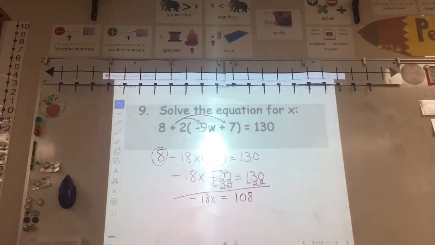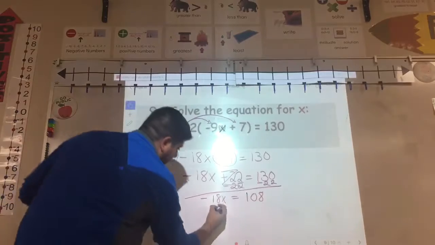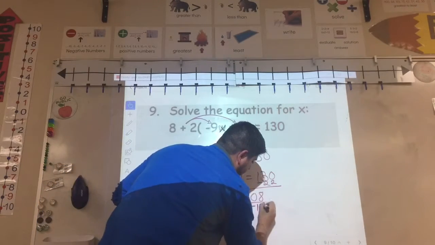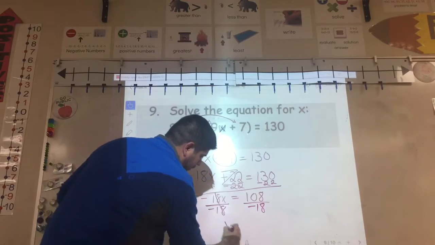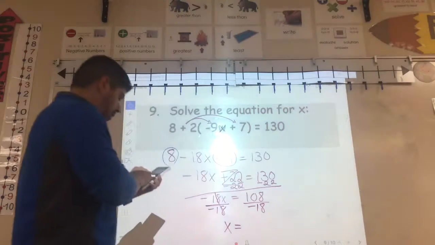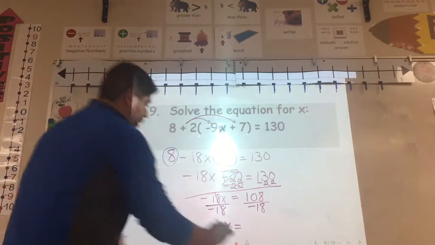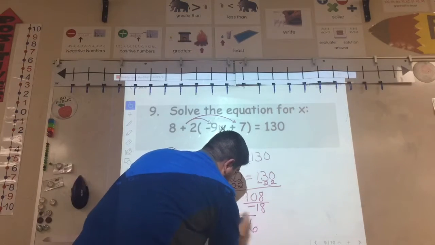So now, all we're going to do is divide by the coefficient. We're going to divide by negative 18, divide by negative 18. This makes 1. x equals 108 divided by negative 18, which is negative 6.